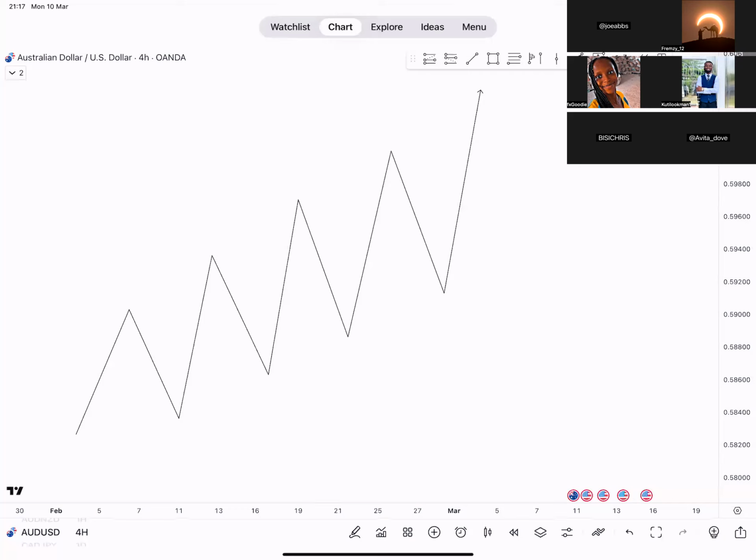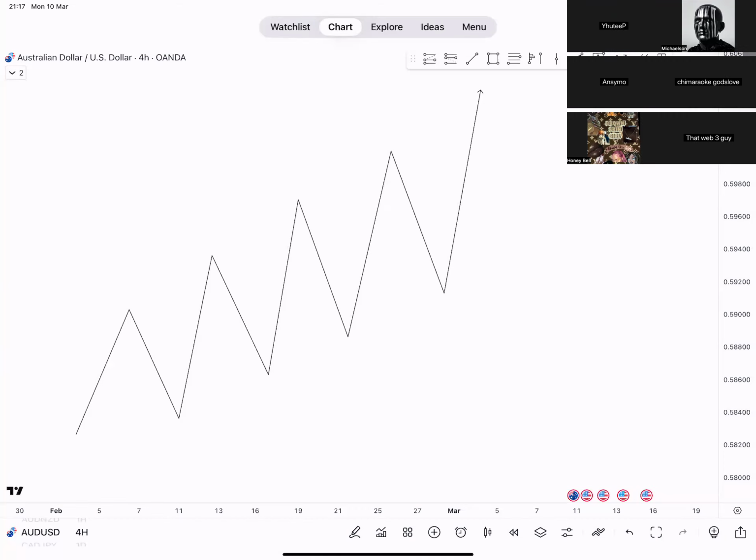You can say, oh, this is a spiral going to the upside, or you can say this is a wave going to the upside, or whatever you want to call it, but at the end of the day, your direction is that this is going to the upside.